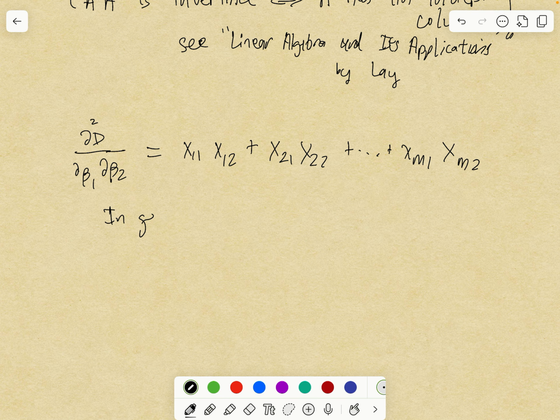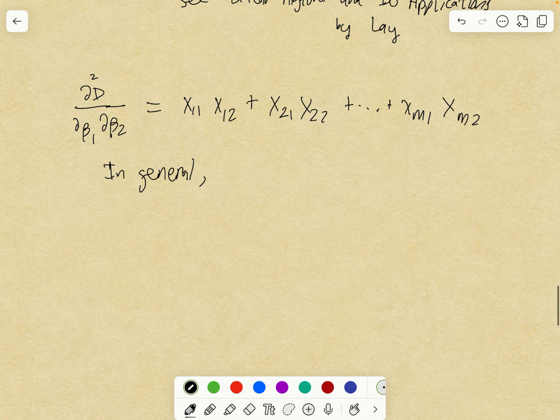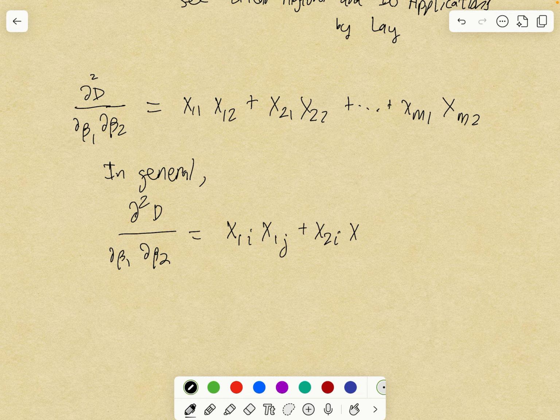And in general, the partial derivative with respect to beta i and then with respect to beta j is going to be x1i x1j plus x2i x2j plus dot dot dot plus xmi xmj.